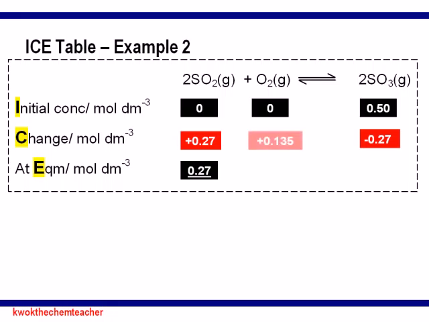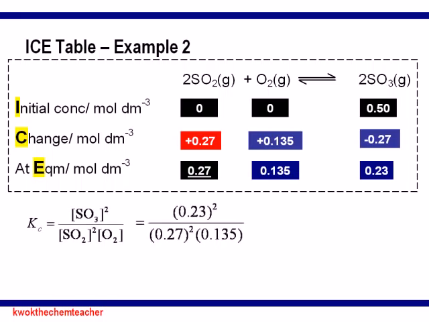Whereas for 2 moles of sulfur dioxide reacting with 1 mole of oxygen, you would expect the increase in oxygen to be positive 0.13 mole per dm cube. Therefore at equilibrium, you would have 0.135 mole per dm cube of oxygen, and you would have 0.23 mole per dm cube of sulfur trioxide.